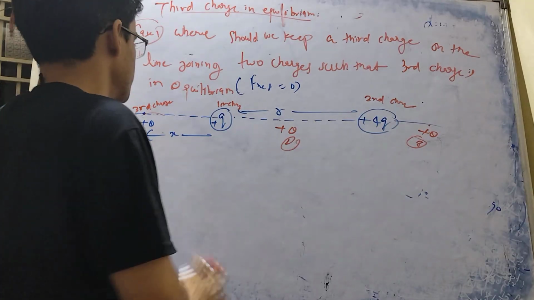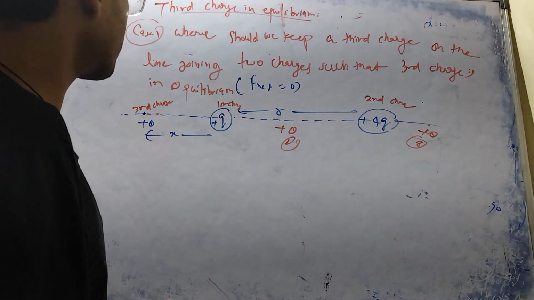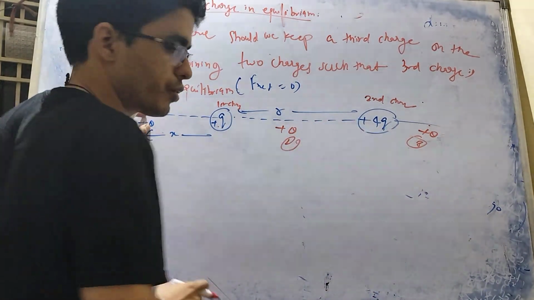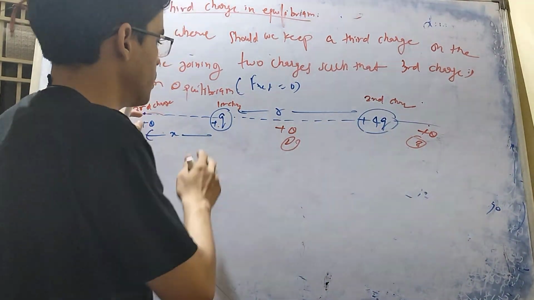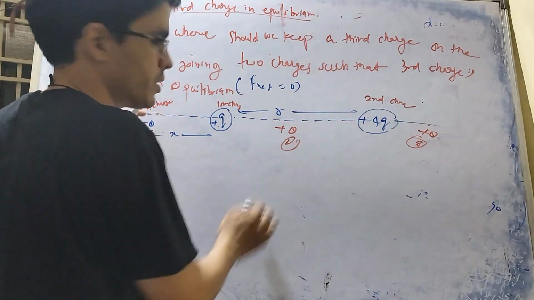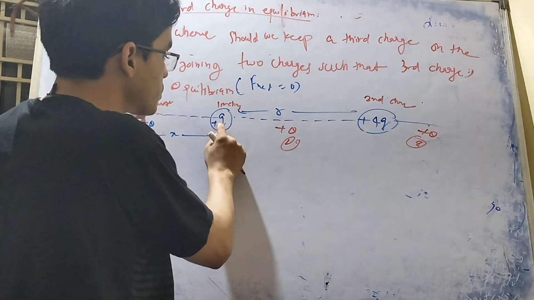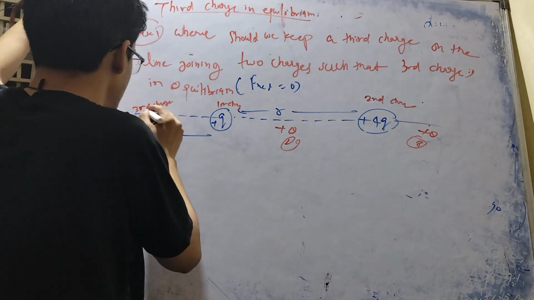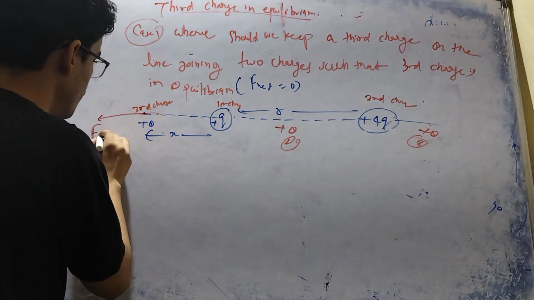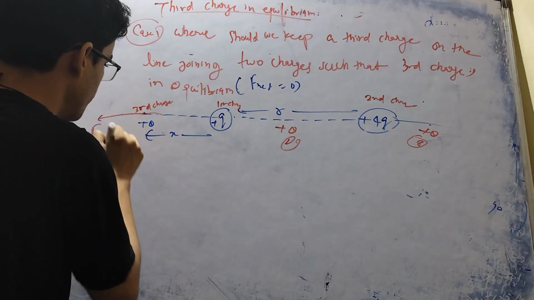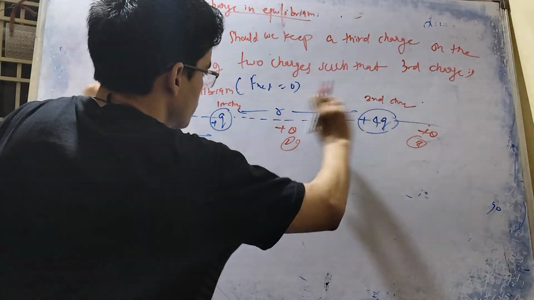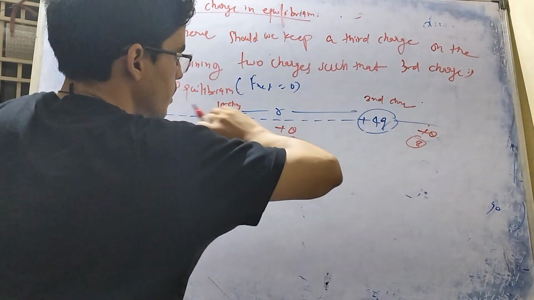See, the third charge: due to this and due to this, force will be exerted here. Due to this, is the force attractive or repulsive? Force on third due to first is repulsive, and due to second also repulsive, because both are on the same side.